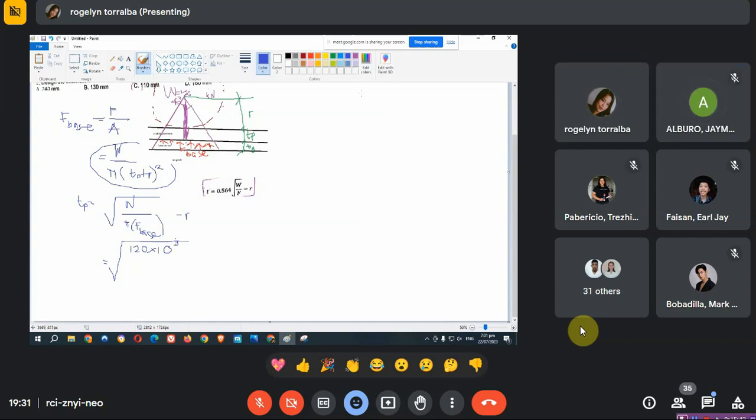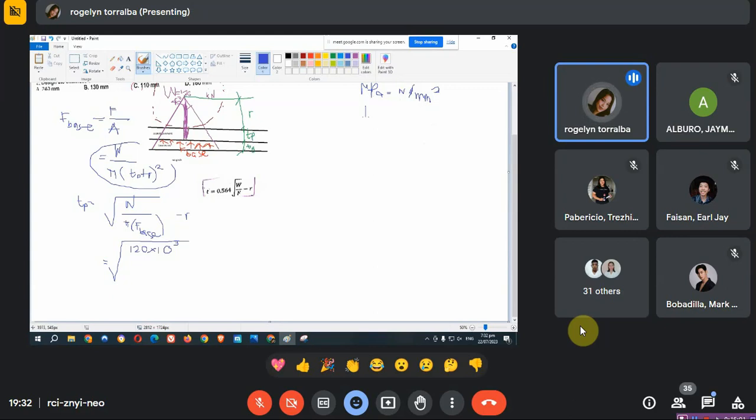Remember, class, MPa is equal to Newton per millimeter squared. These are equivalents.